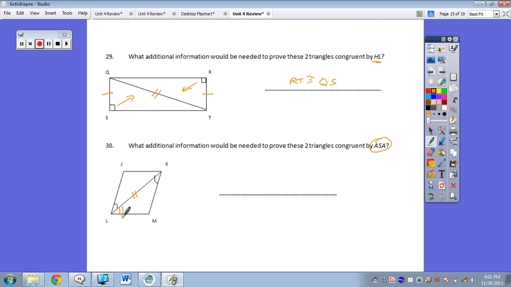So this angle right here would have to be congruent to that angle. So angle side angle. So the additional information would be angle MLK is congruent to angle JKL. This angle JKL and angle MLK.